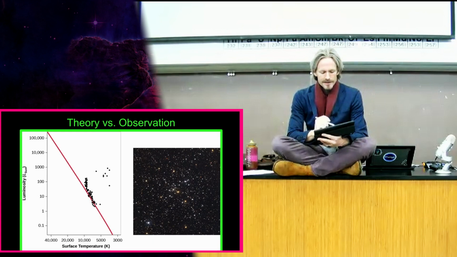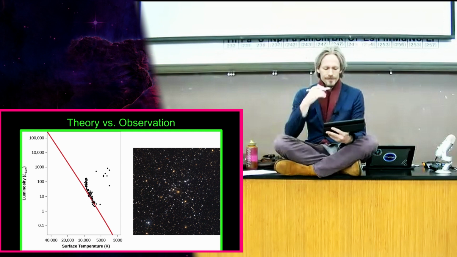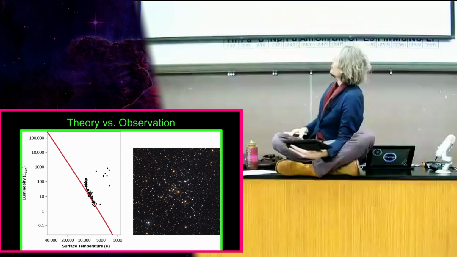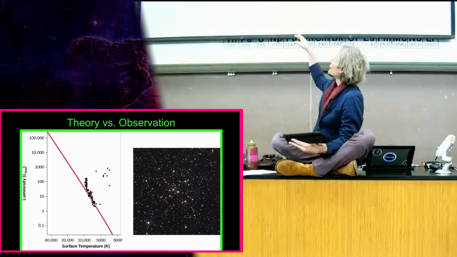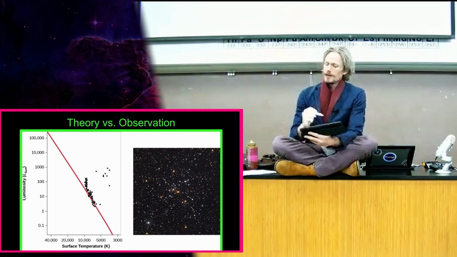And so what does this look like on the HR diagram as they peel off? So one thing you notice is that the stars that have a lot of luminosity, they're very hot and bright, they have a very different peel off.